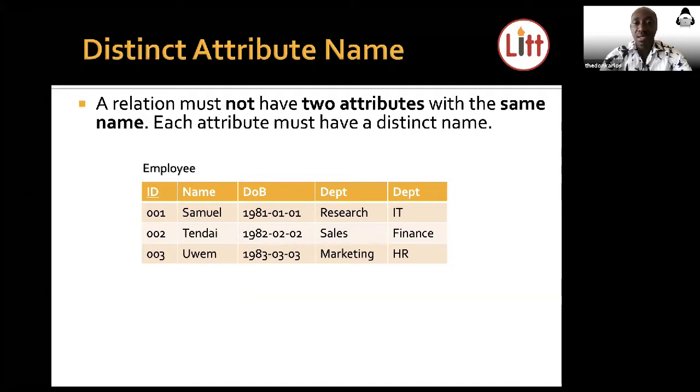Then the designer or whoever decides to create another attribute called department, but this time it's containing different data values. Even though it contains different data values, you can't have two attributes having the same name. The relational data model doesn't accept this. So all the attribute names or all the column names must be distinct from each other.